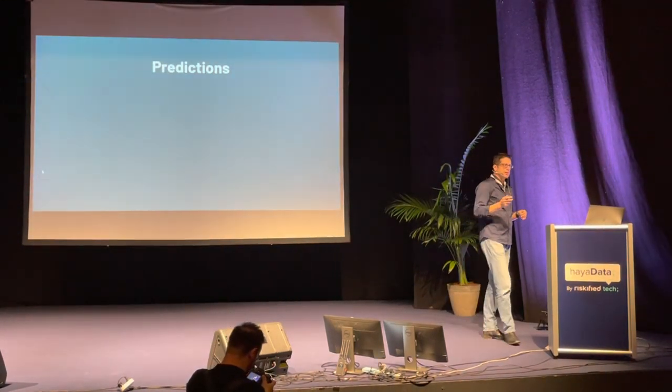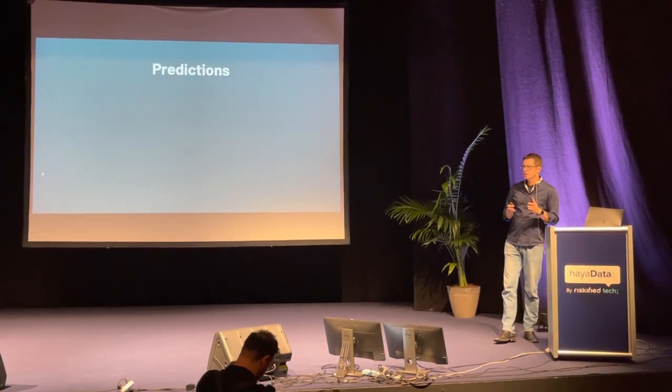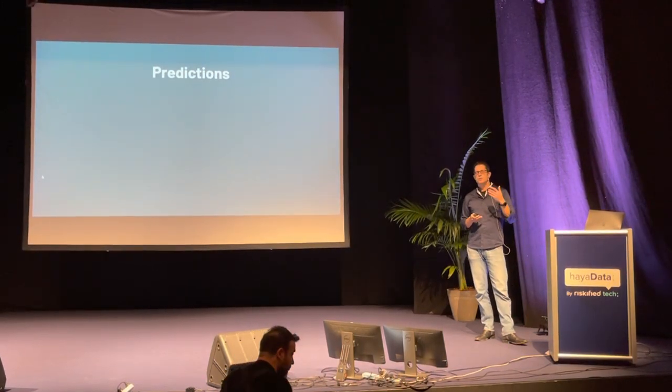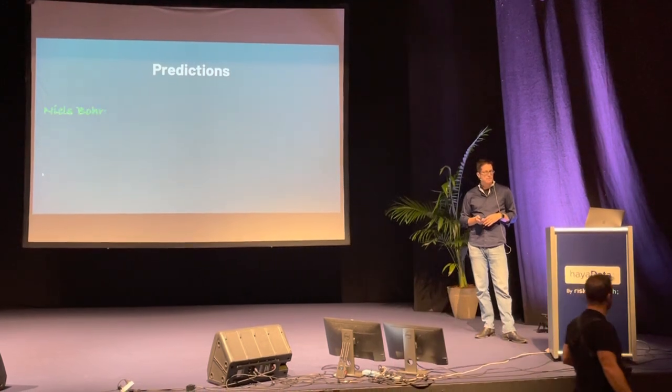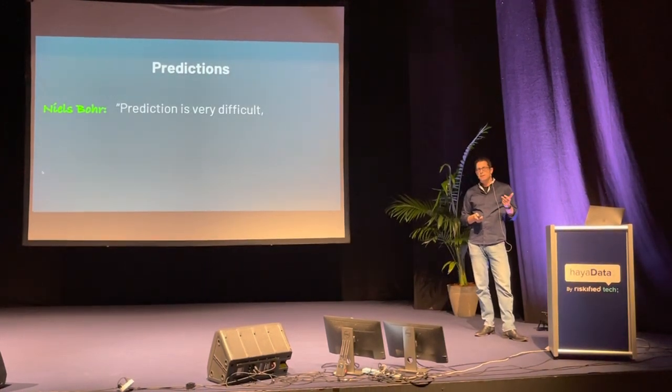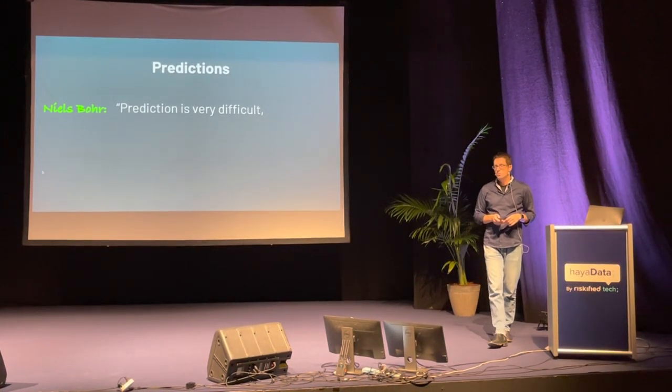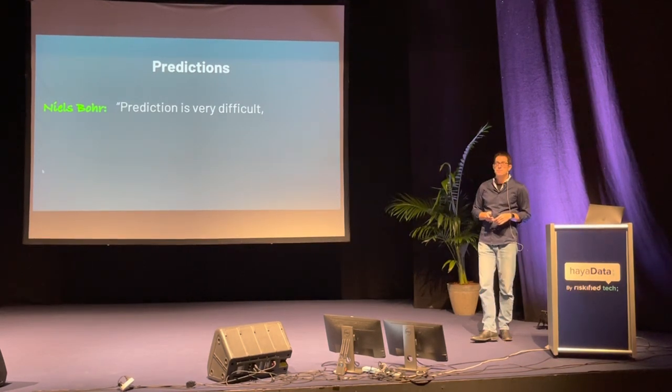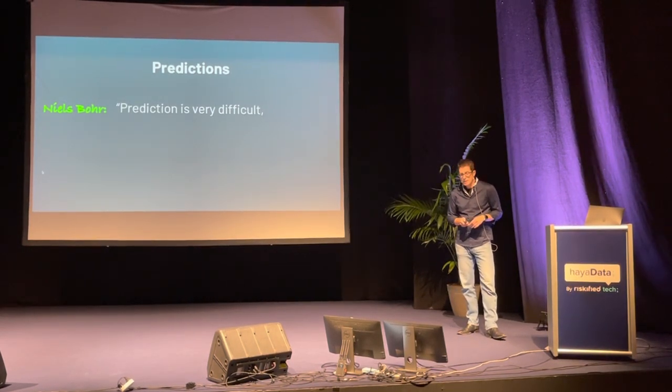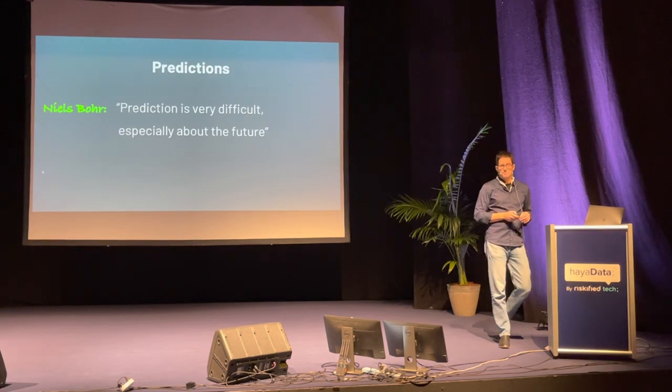All right, so let's talk a little bit about predictions, and you'll see we had to go into predictions to detect anomalies. I want to mention that Niels Bohr once said that prediction is very difficult, especially about the future.